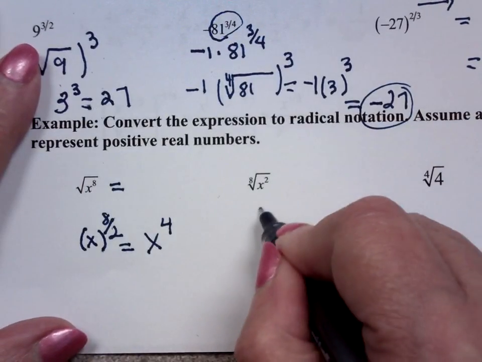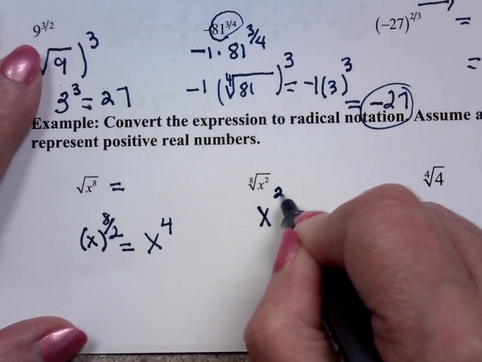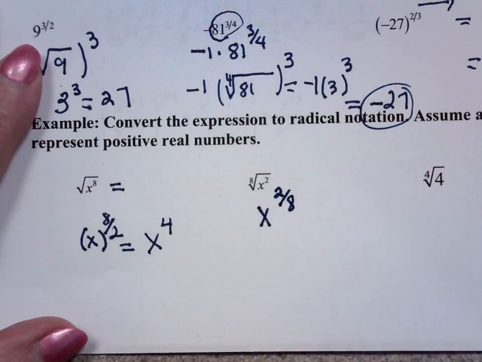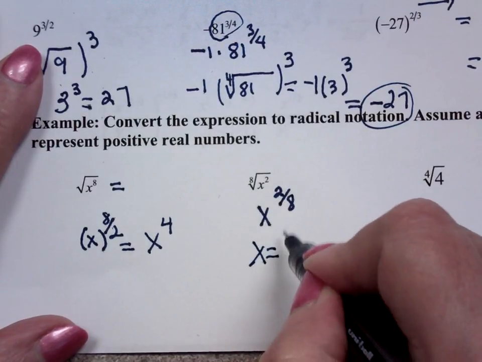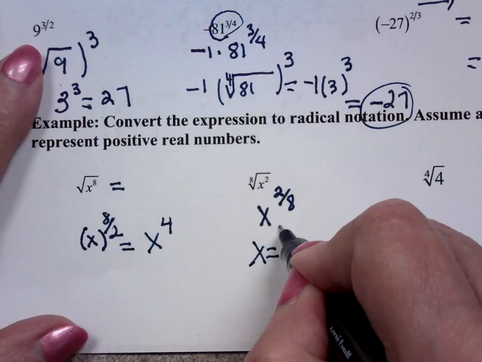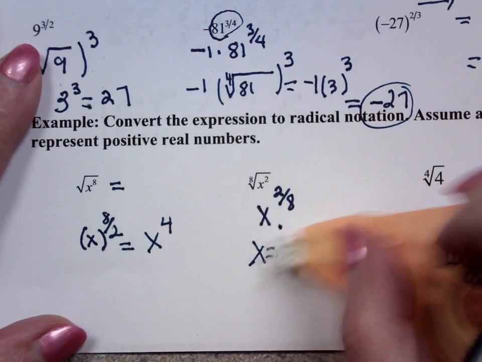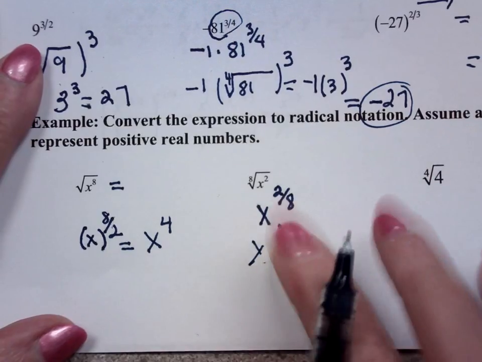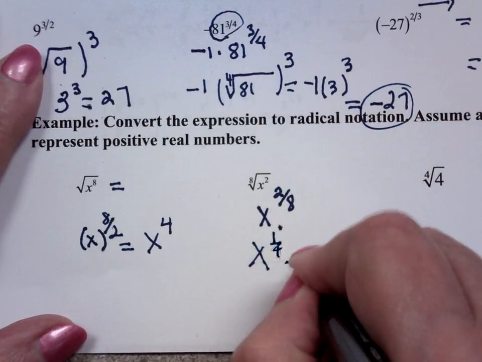This is x to the 8 divided by 2, which is x to the 1/4, and I don't know why I put an equal sign there. I just got myself into trouble. To the 1/4. Now I can put my equal sign in.